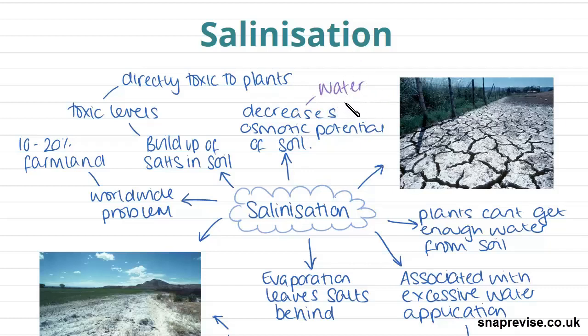Essentially, when the soil has a greater concentration of salt within it than water, the plants can no longer get water from the soil. So that's essentially what osmotic potential means. There's less water available for the plants to absorb and use for their processes like growth and respiration because of the high quantities of salt.